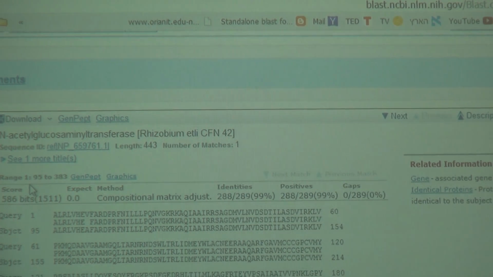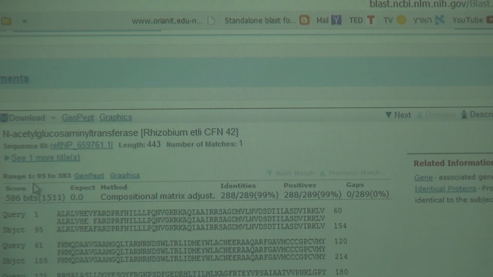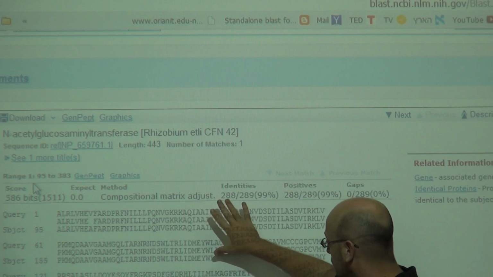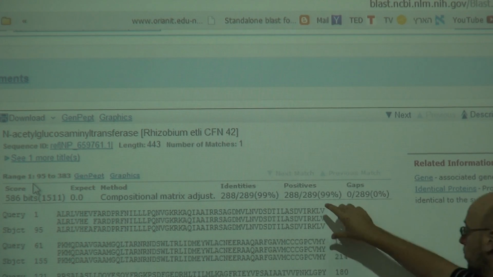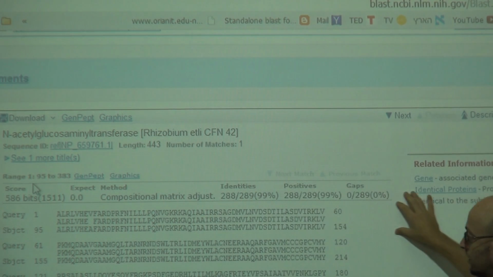Now, what is this? Why do we have so many lines? What does it mean? Well, first of all, we see that because our screen is short, we've taken our sequences and cut them.